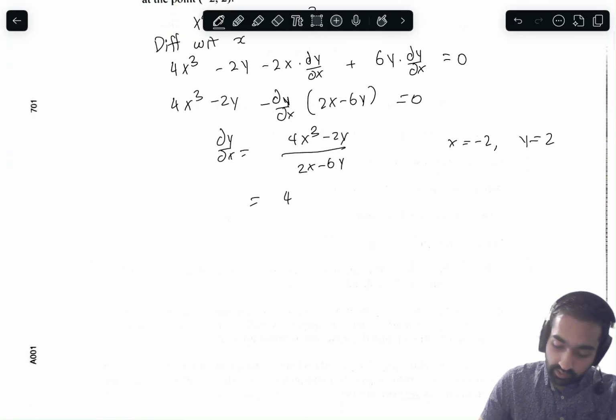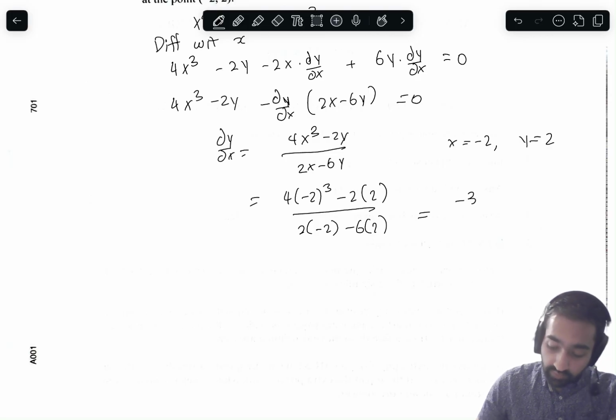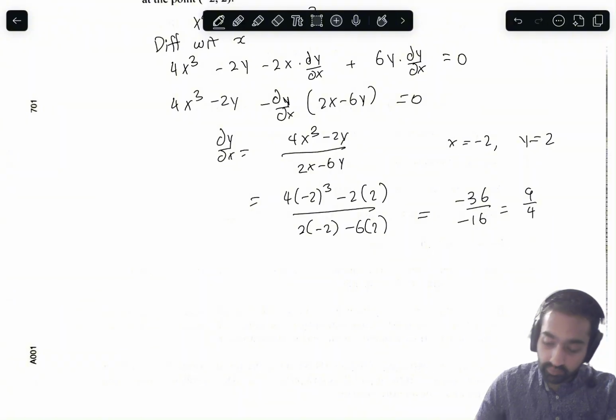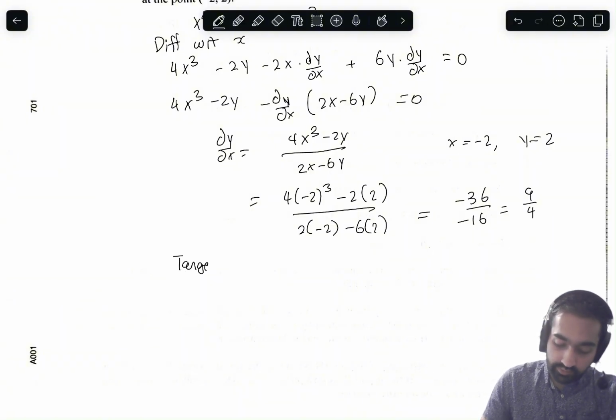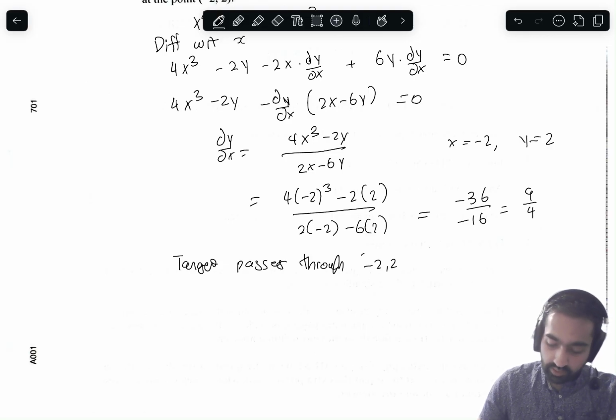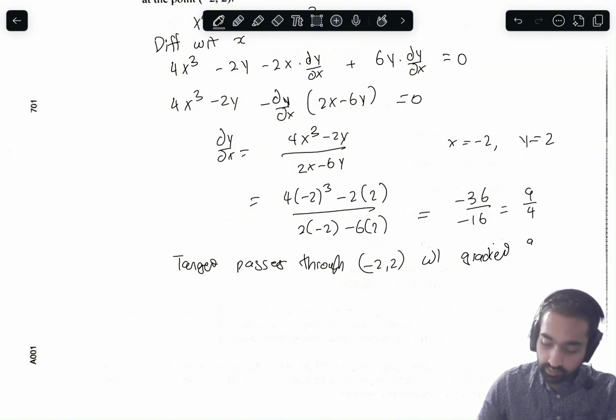So dy dx will be 4 times minus 2 cubed minus 2 times 2, over 2 times minus 2 minus 6 times 2. If you calculate this, it is minus 36 over minus 16, which is 9 over 4. The tangent passes through minus 2, 2 with gradient 9 over 4.